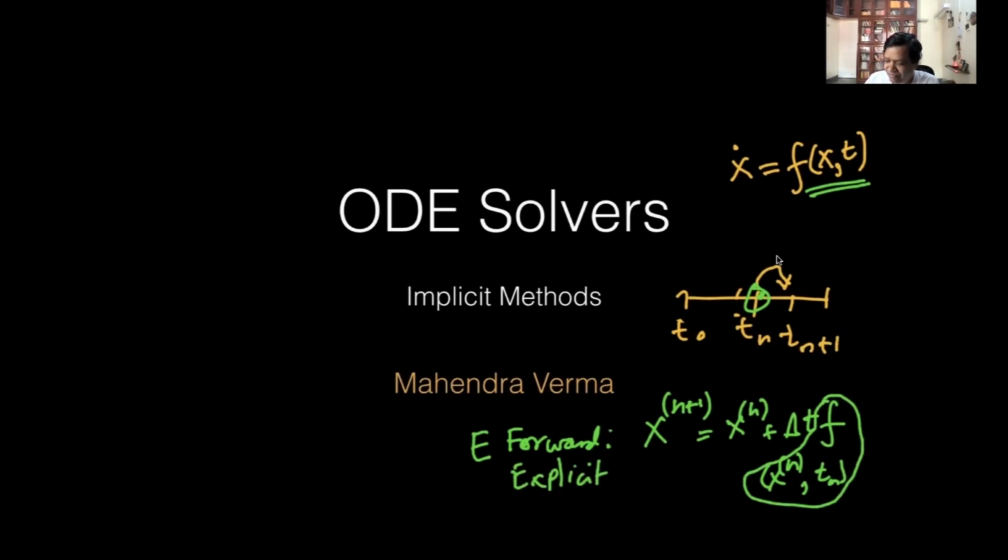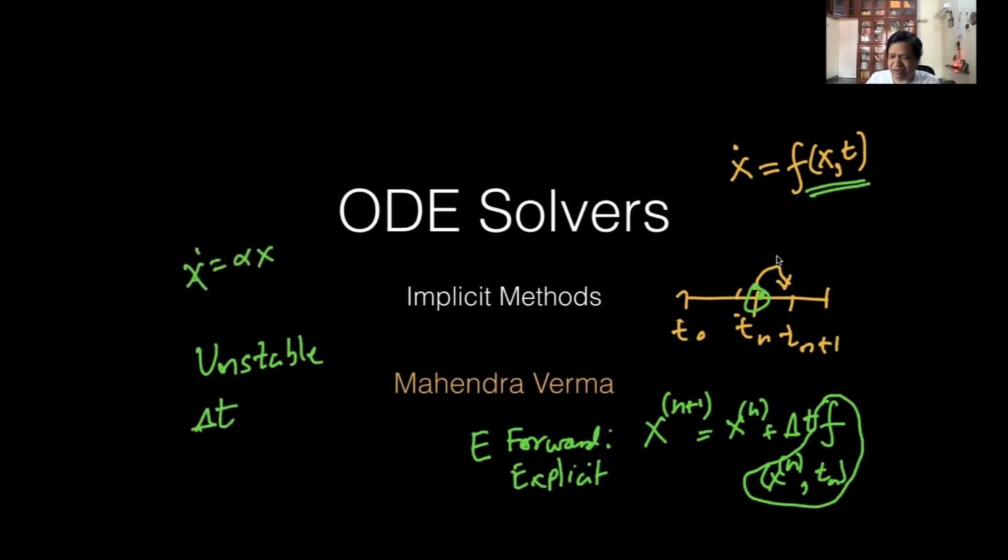Now, there are problems with explicit schemes. What is the problem? It is conditionally unstable. We need to choose delta t. Remember we had the equation x dot equals alpha x.